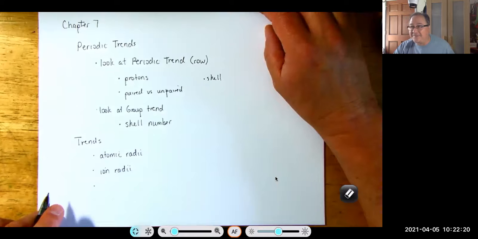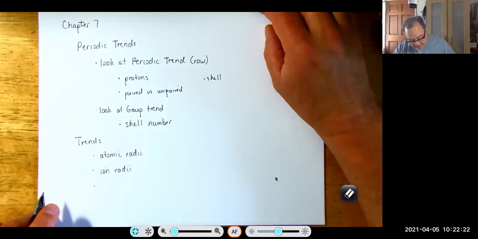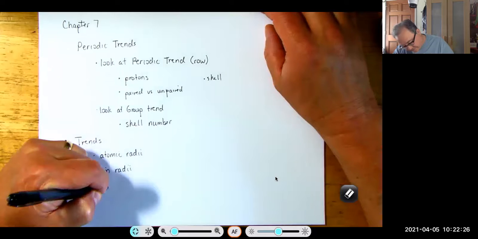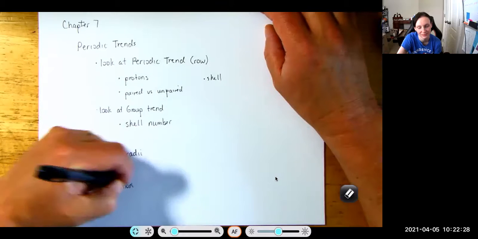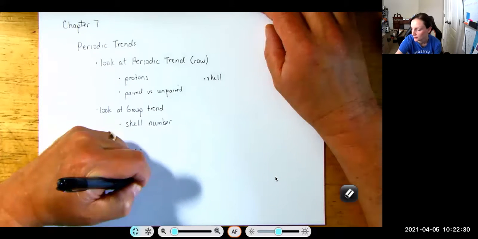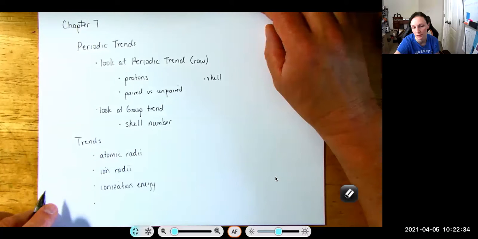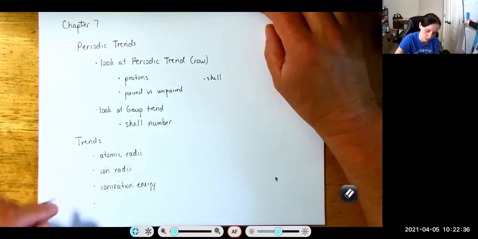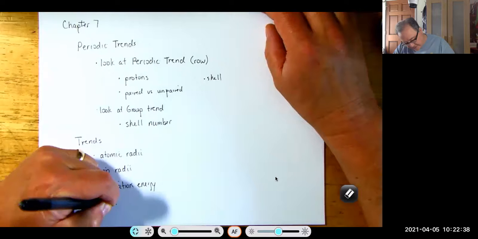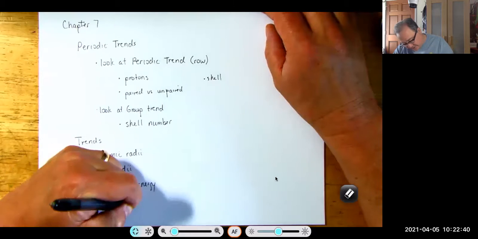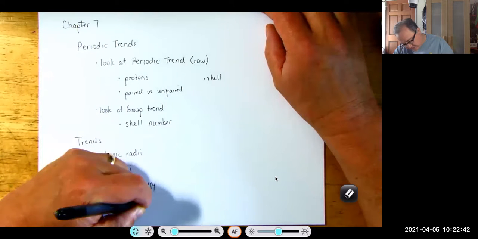Radius. Then you said ionization energy. And what's the fourth one? Electron enthalpy. Electron attachment enthalpy.